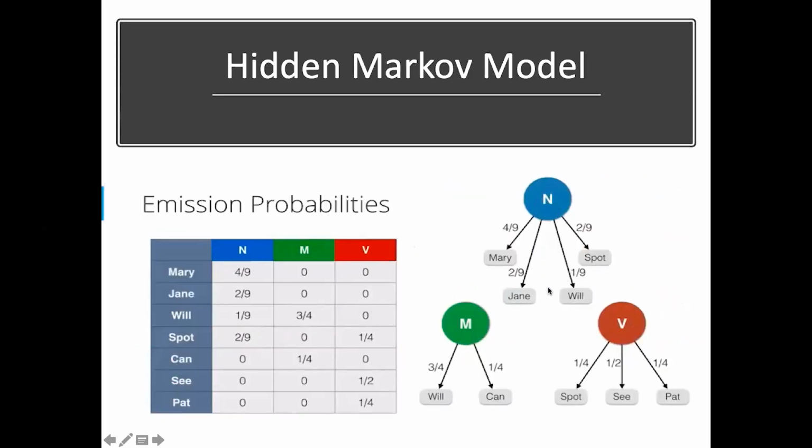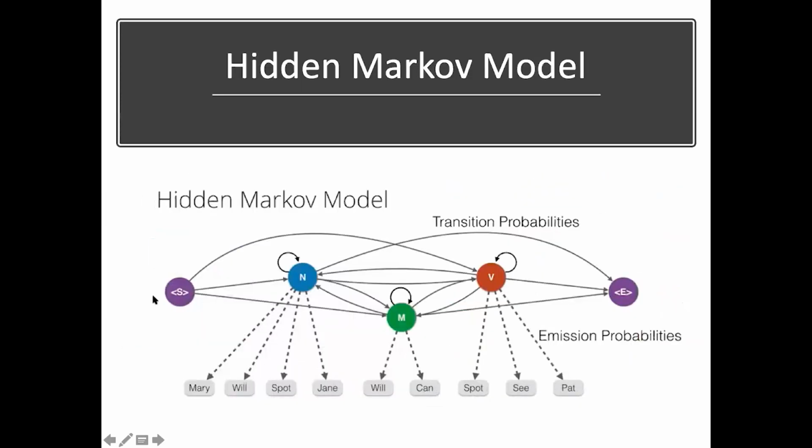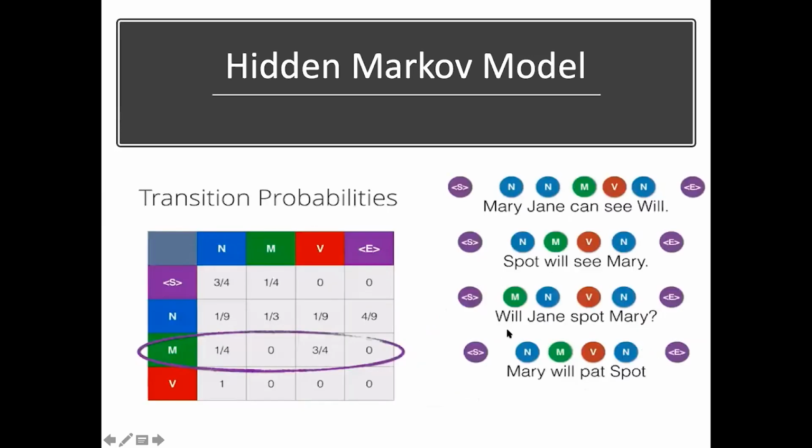Once you're moving through the graph, I'll show you for one sentence. Let's pick one sentence here: Mary will pat Spot. I start at the start tag. My start tag to noun transition is 3 by 4. So I'll just annotate here for a sec.